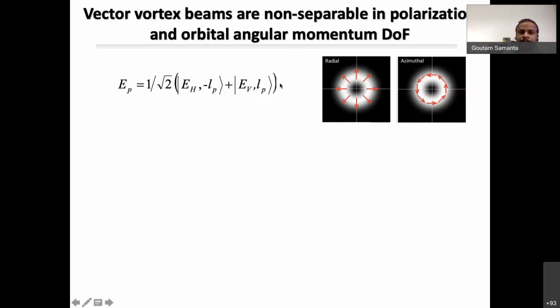Such beams can be represented with the electric field of E_H, horizontal polarization with minus orbital angular momentum, plus E_V, vertical polarization with plus orbital angular momentum. In that way, you can have a vortex beam or a vector vortex beam.